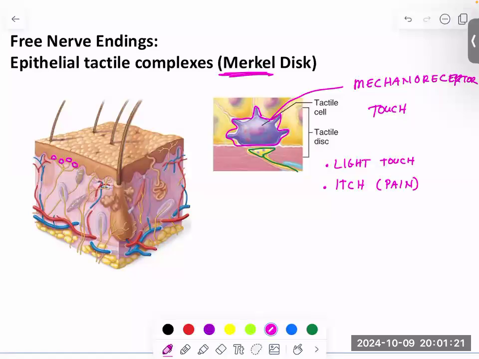And they detect light touch at the surface and things that'll make you itch at the surface, like when somebody does that little feather thing. Brush it up barely against your skin and it itches. You're going to read they do more, but these are the two general senses that I want you to be familiar with for Merkel's disc.